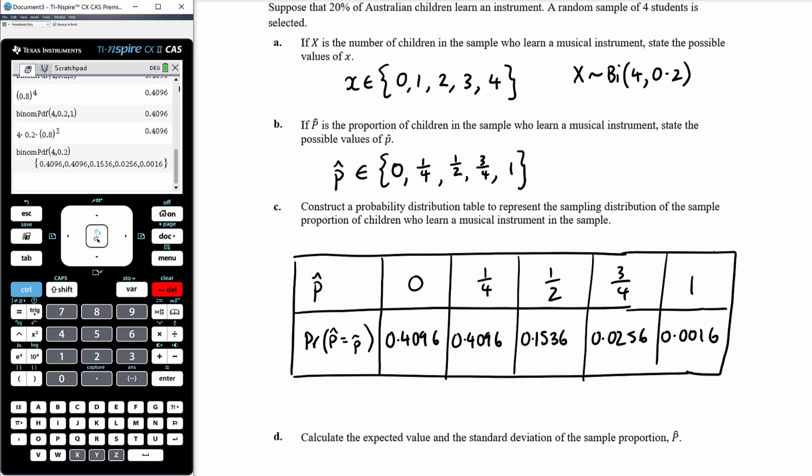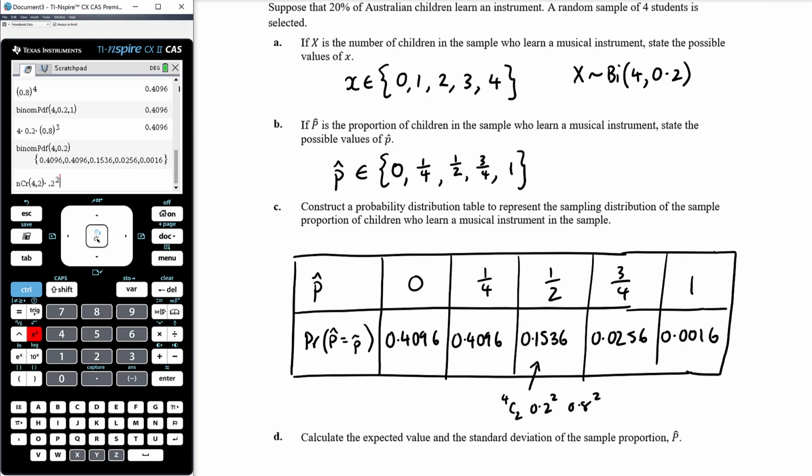Again, the limitation of Binom Pdf is that it only gives decimal values, so you might have preferred to calculate this as 4 choose 2, 0.2 to the 2, 0.8 to the 2. If we've done 4 choose 2 times 0.2 squared times 0.8 squared, we do indeed get 0.1536.